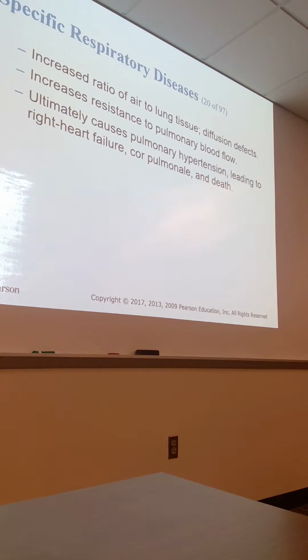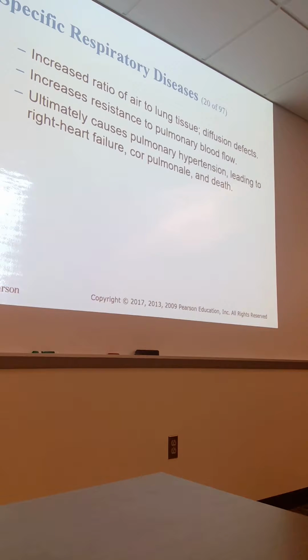If you do a VQ scan, which is a ventilation perfusion scan, on these people, you see that there are defects in the ventilation perfusion, that there are areas that are perfused that are not oxygenated, and vice versa. So unfortunately, what happens is that as the amount of capillary space in the lung decreases, the resistance to blood flow increases.